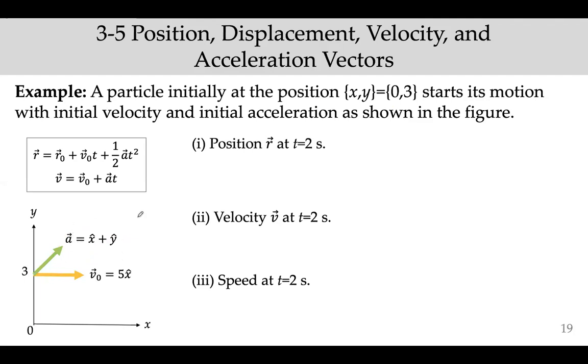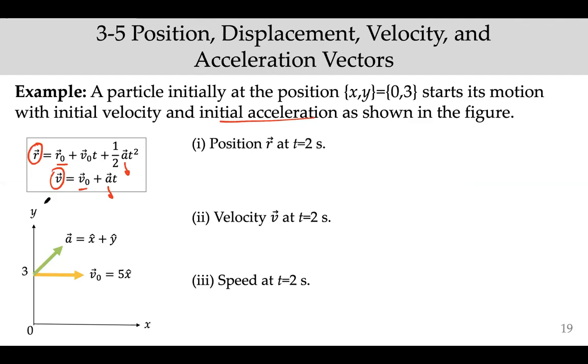So we have the initial velocity, we have the acceleration, and remember, in these kinematic equations, the acceleration is time independent. So the acceleration doesn't change with time. The only things that change with time are r and v. So v0, r0 are time independent, and a doesn't change with time.